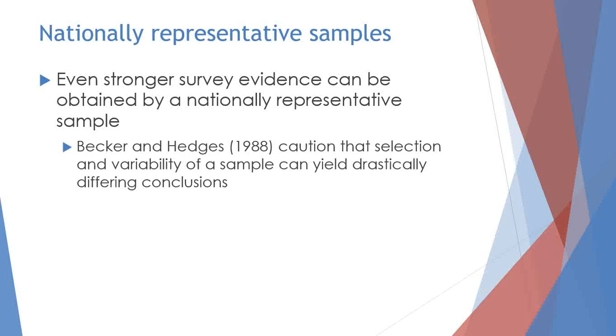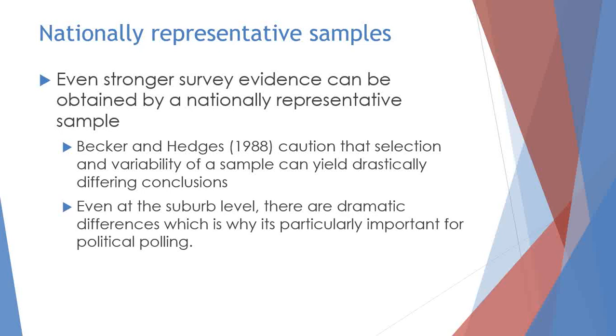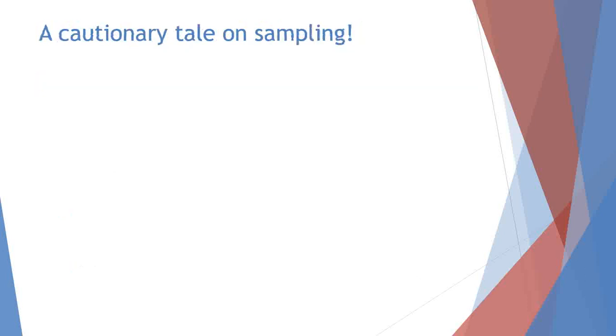Becker and Hedges caution that selection and variability of the sample can yield drastically different conclusions. Even at the suburb level, there are dramatic differences, which is why it's particularly important for political polling. At the state level, we can still see dramatic changes between rural and urban, for example.